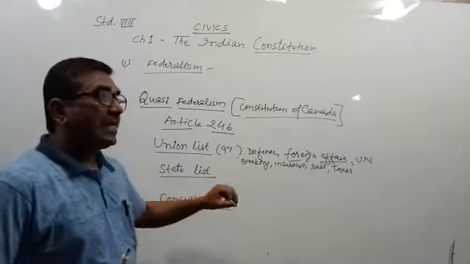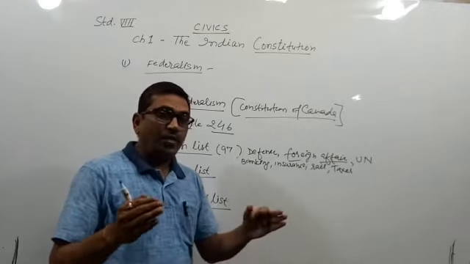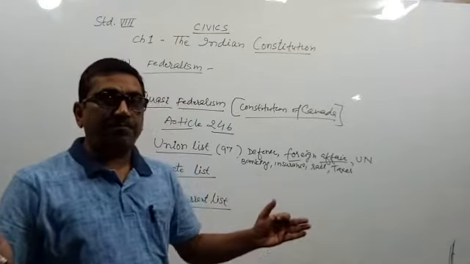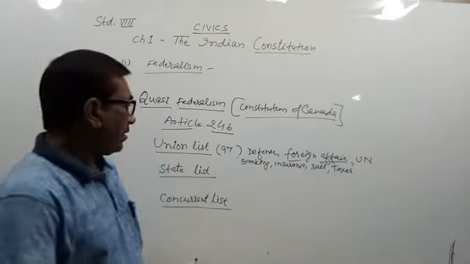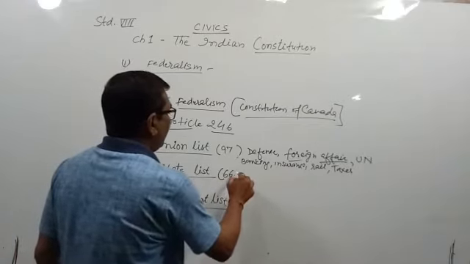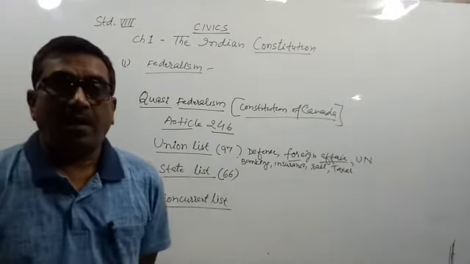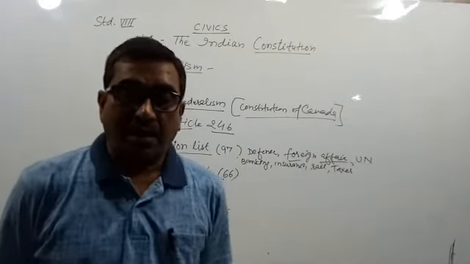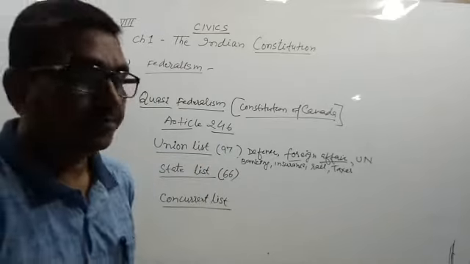Then we have the State List. All the subjects which are related to the local level. Besides the local level subjects, it is now 66 in number. Earlier it was 67, now it is 66 in number.